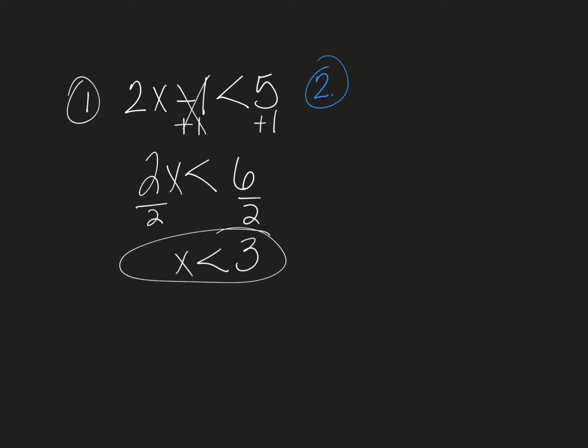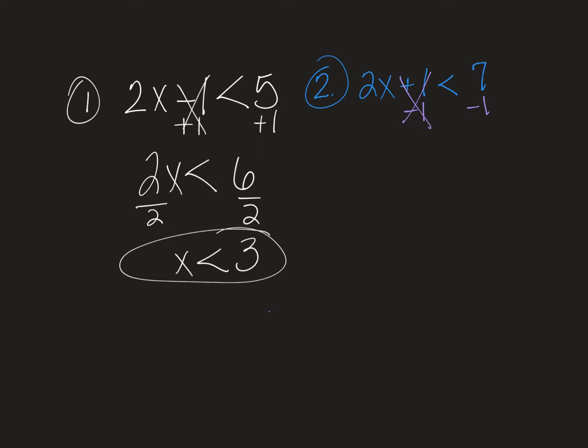Okay, everybody look at number 2 with me. In this case, it is very similar, except it's 2x plus 1 is less than 7. Again, you're working these as if you are solving them like equations. So I'm going to subtract 1 from both sides.